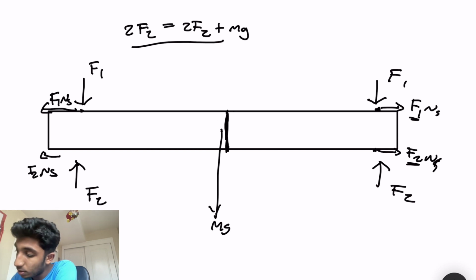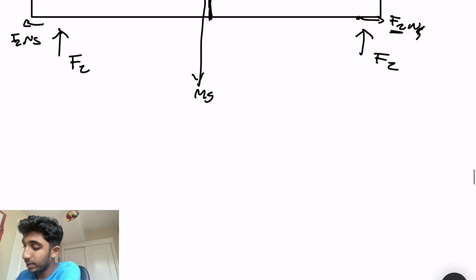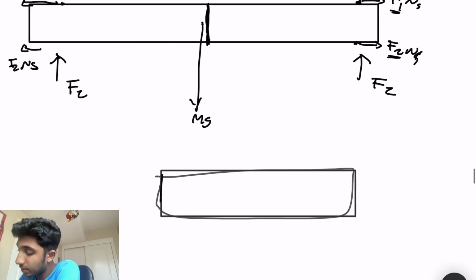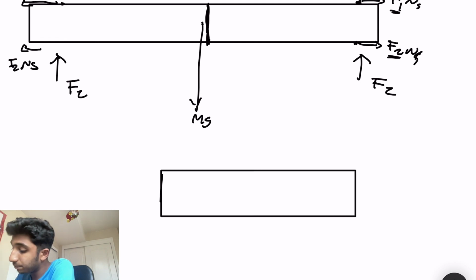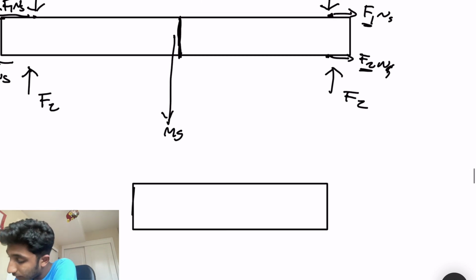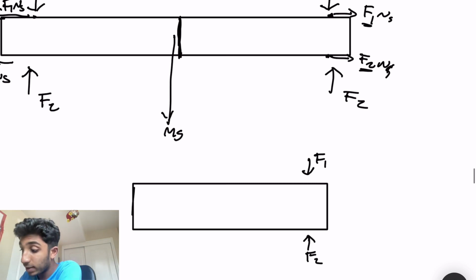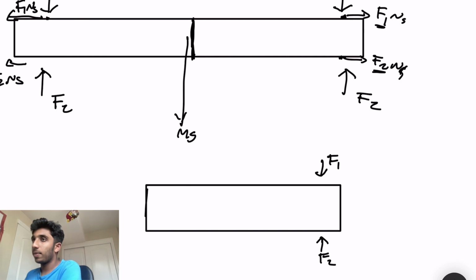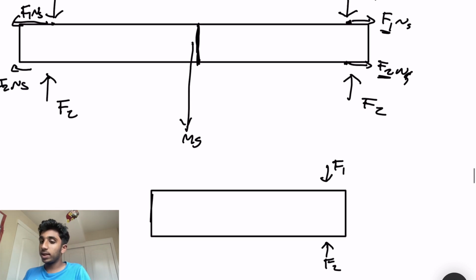So there's a force on this rod. Now I'm just going to draw the right rod because I'll make things simpler. So that's the right rod right there. And then we have a downward force of F1, F2. I'm going to ignore gravity because the only thing that we're using this rod for is the horizontal forces.